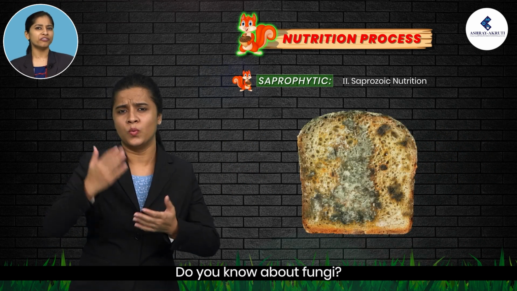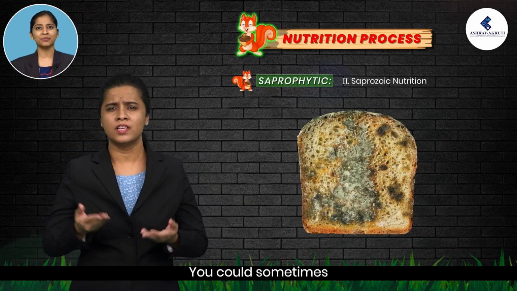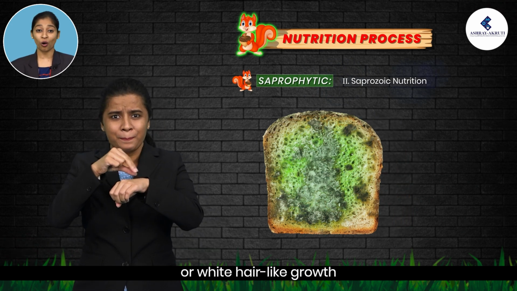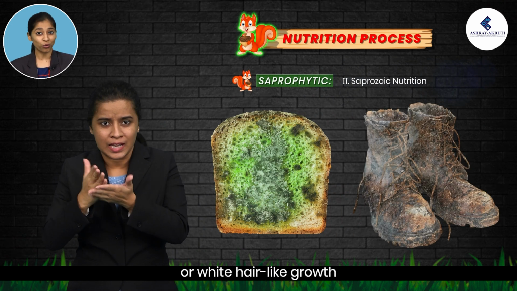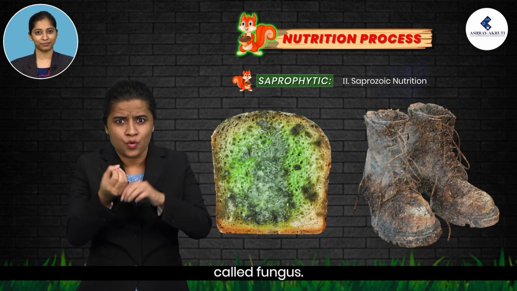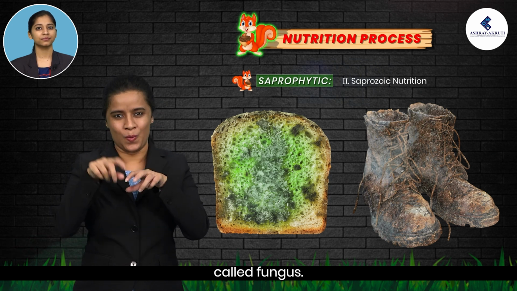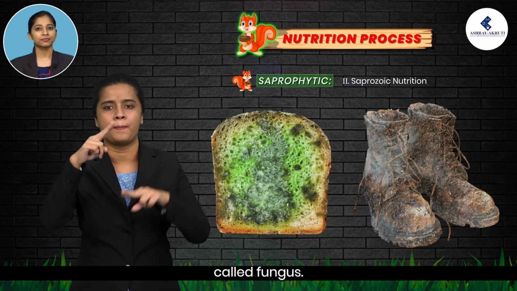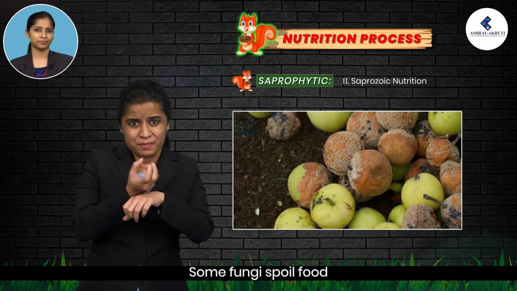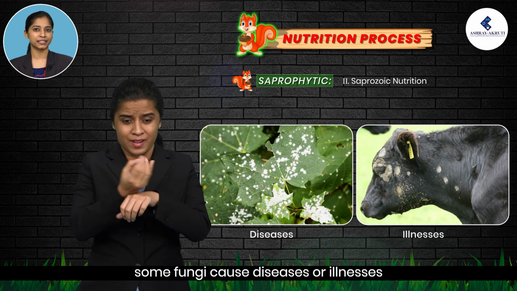Do you know about fungi? You could sometimes notice green patches on the bread or white hair-like growth on the leather boots called fungus. Some fungi spoil food. Some fungi cause diseases or illness.